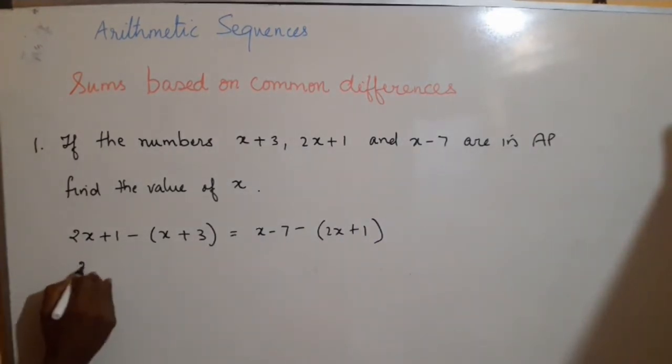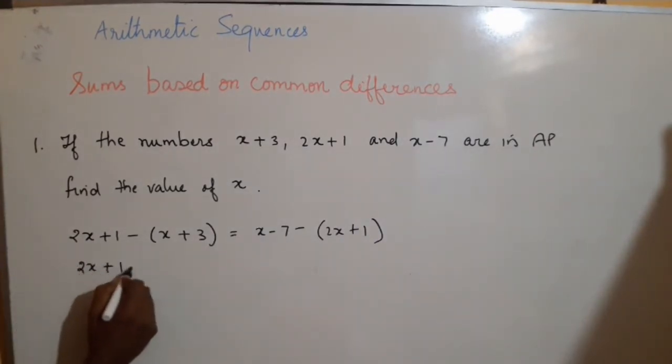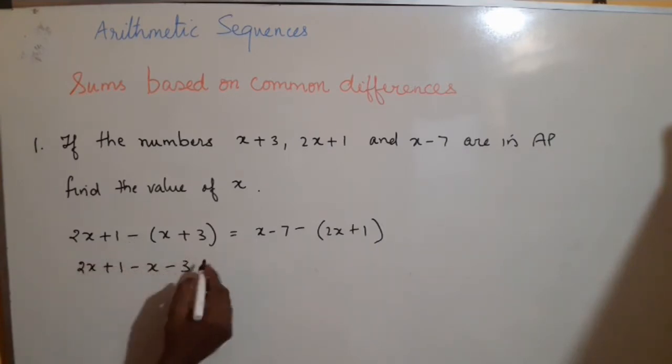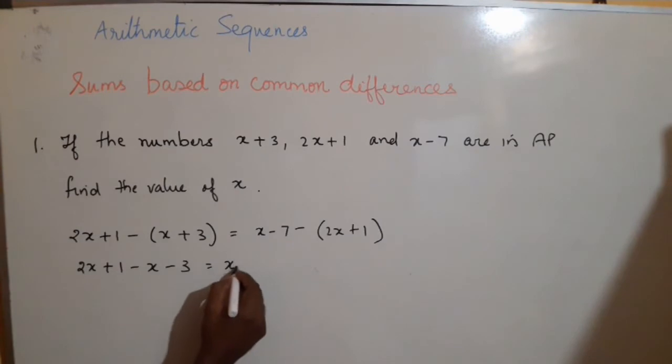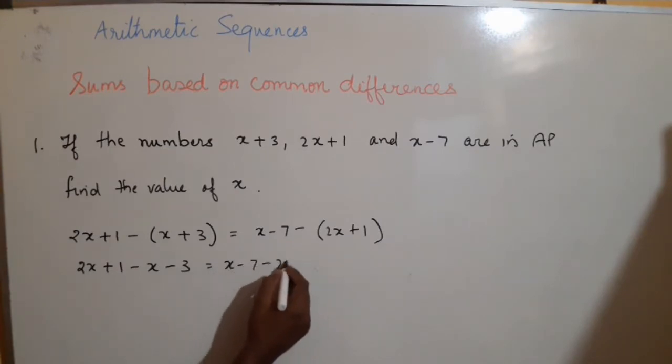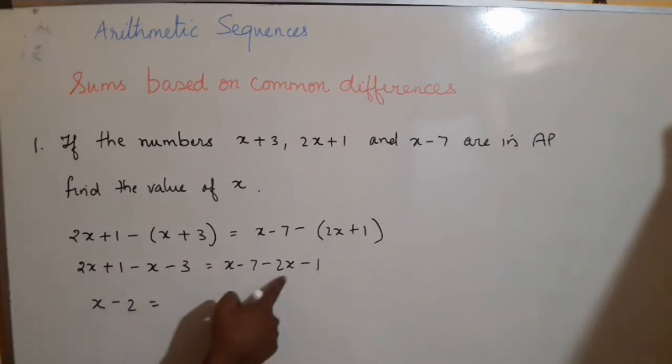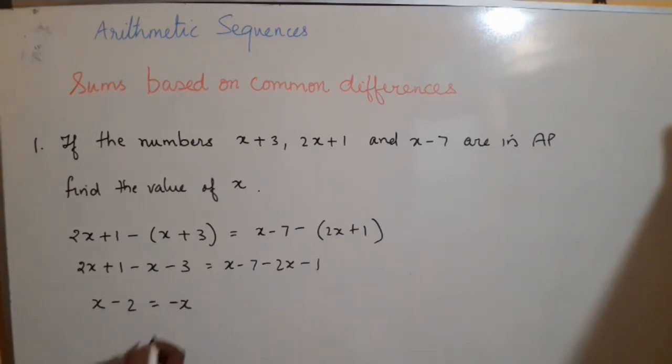Now we simplify this. So we get 2x plus 1 minus x minus 3. Remember, minus into plus is minus. This is equal to x minus 7 minus 2x minus 1. 2x minus x gives us x. 1 minus 3 gives us minus 2. x minus 2x gives us minus x. And minus 7 minus 1 gives us minus 8.